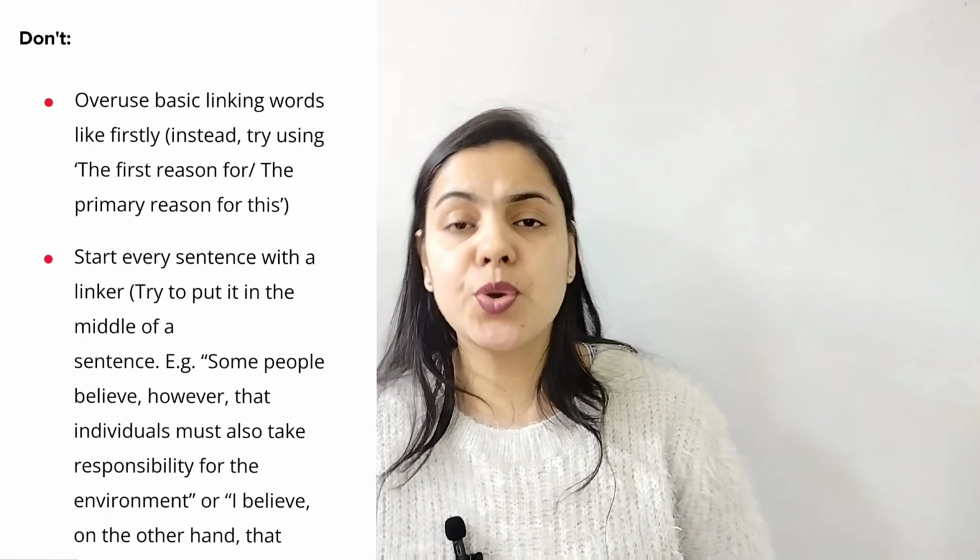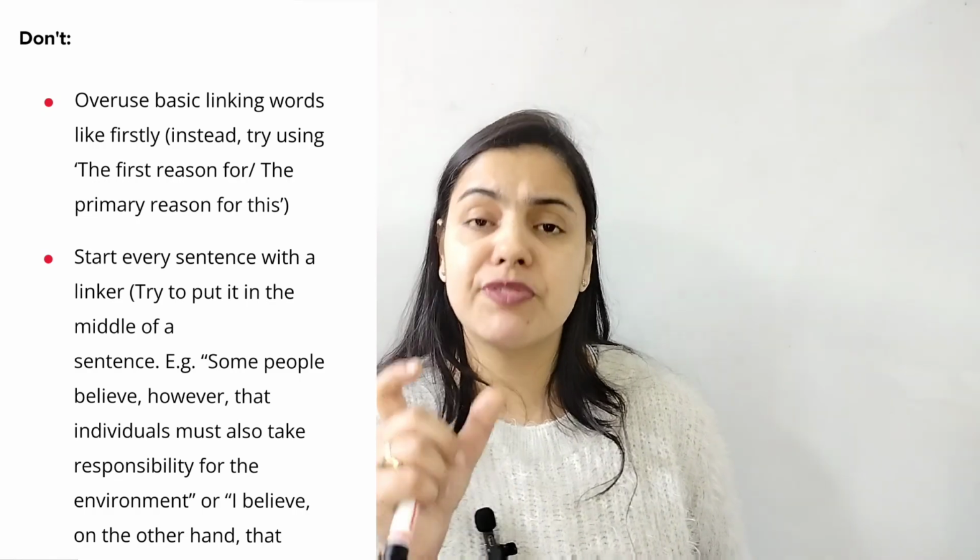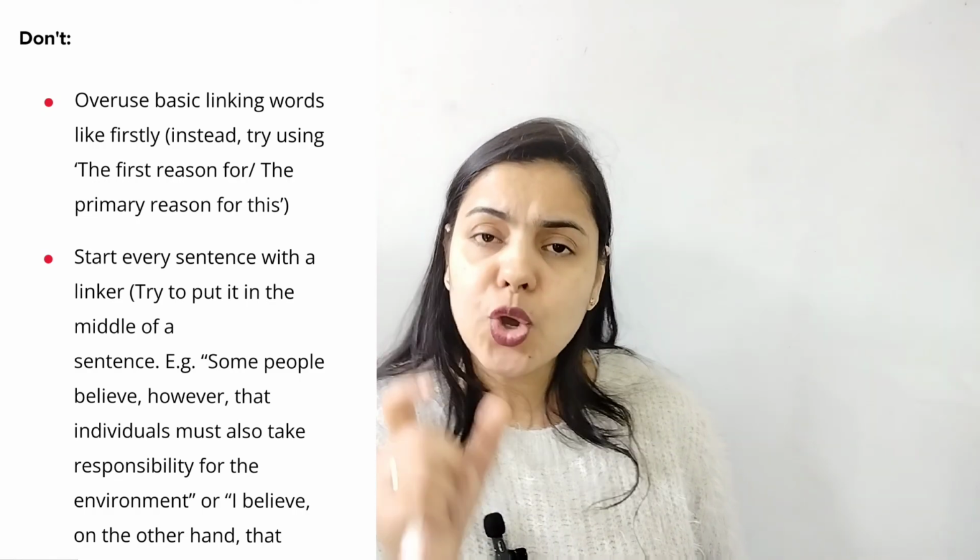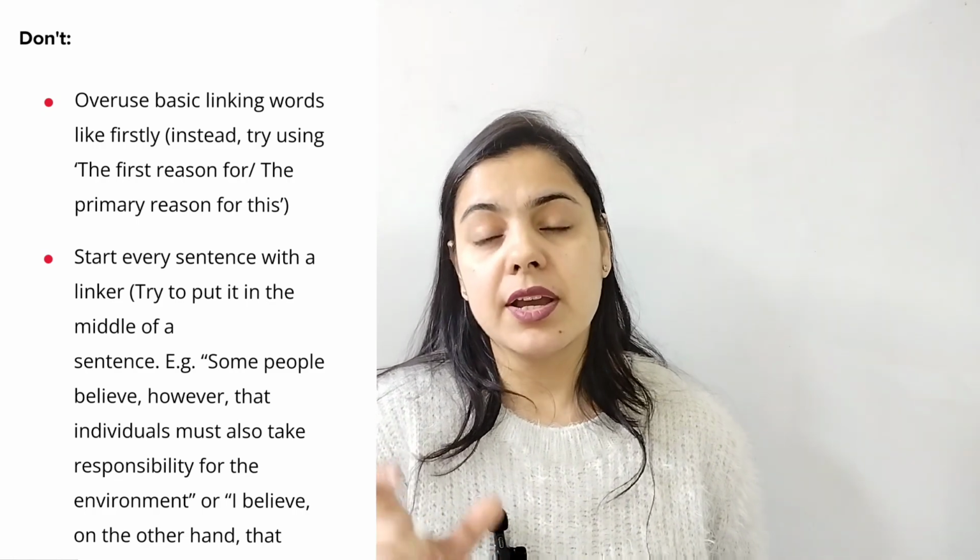So in this case, I have written the phrase in the center. You should also try to write the phrases with different variations, somewhere in the starting, middle and in the ending. In this way, you can write your essay with variations. So this is how you can add variations in your sentences.